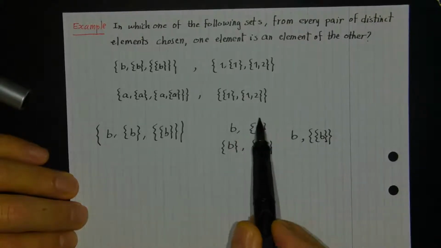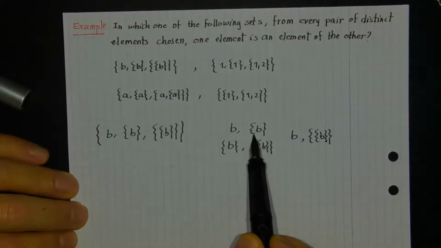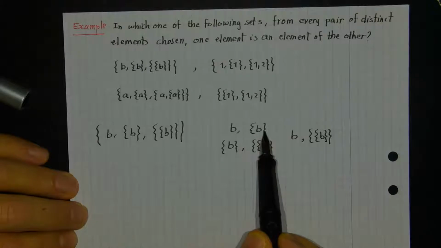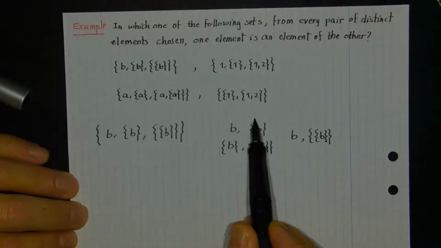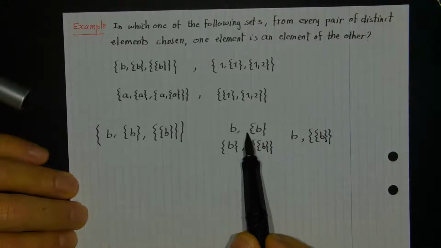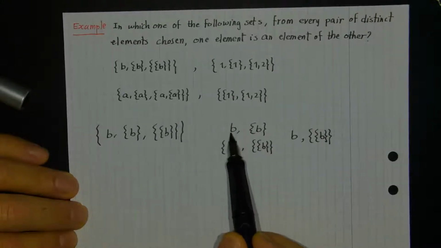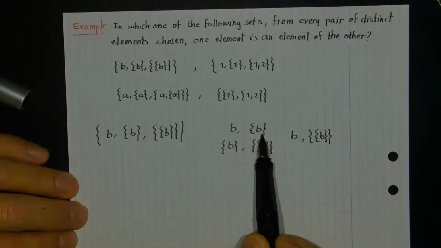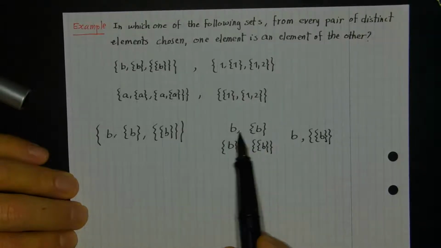For this pair, that is true because B is an element of the second one. Yes, so at least one of them is an element of the other. Even though the right-hand side one is not an element of the left-hand side one, the left-hand side one is an element of the right-hand side. So far so good.